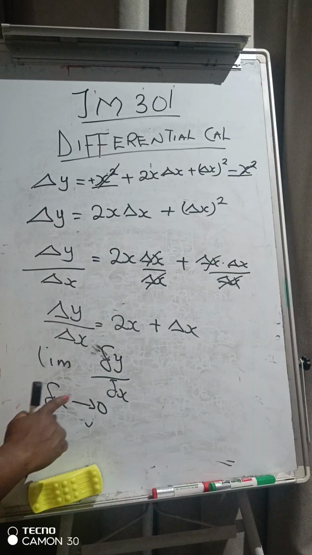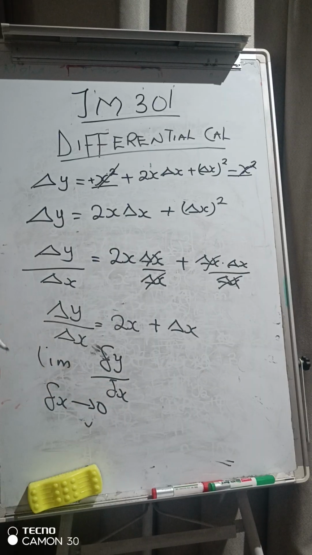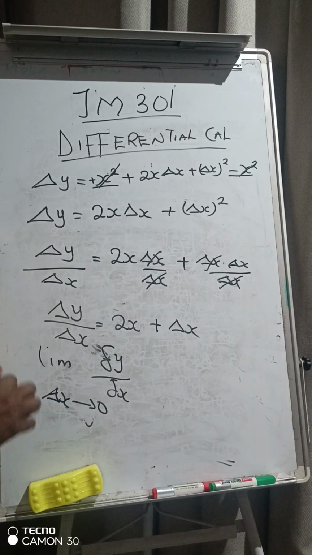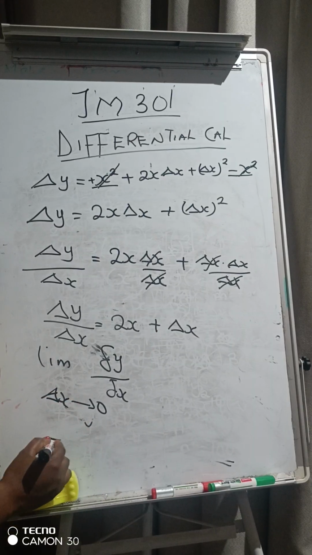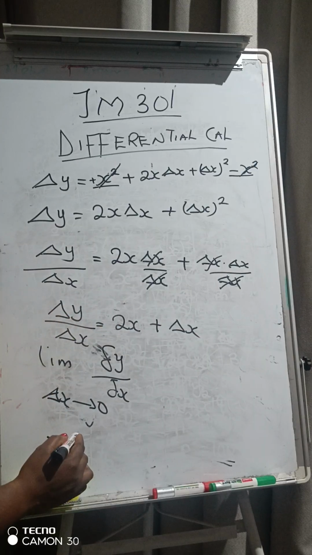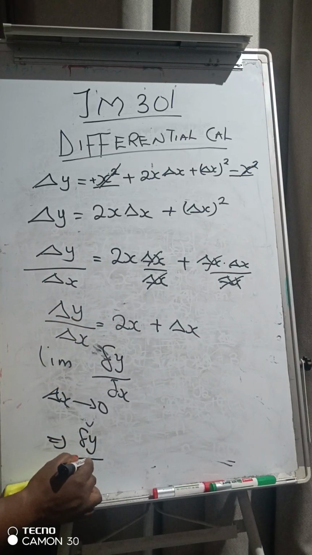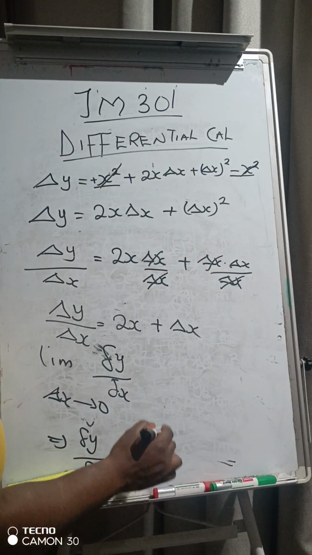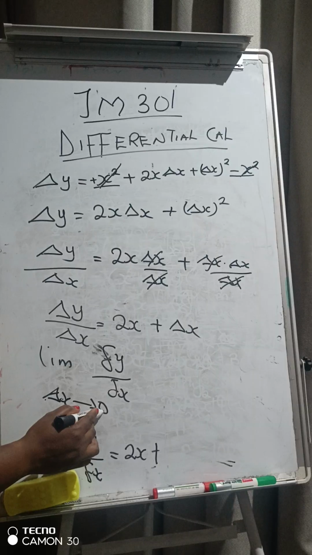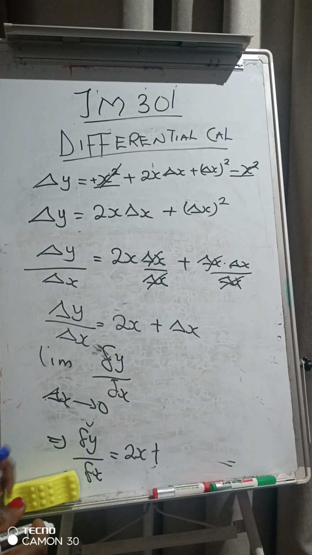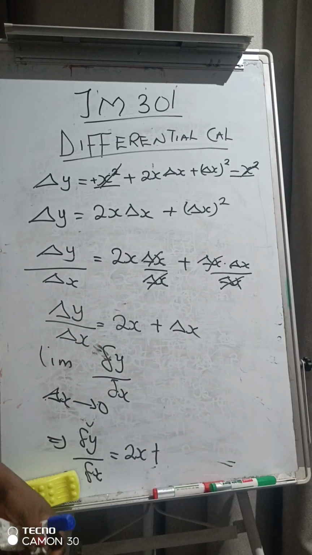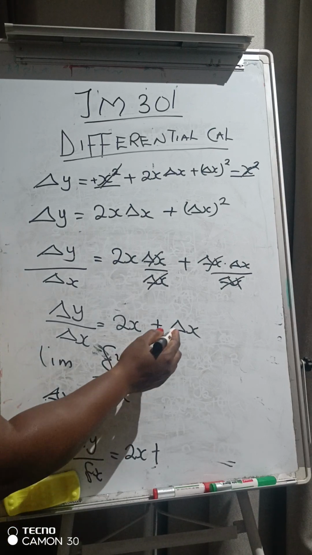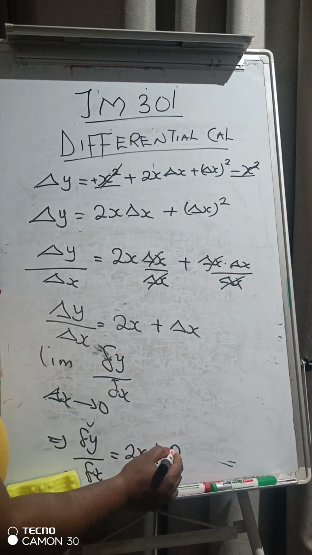It therefore means any place you see the change, replace it with 0. So this therefore implies that this function can be written as change in y over change in x is equal to 2x plus, remember change in x is approaching 0. We don't know the exact change, but as x keeps changing, it will tend towards 0, and this will become 0.